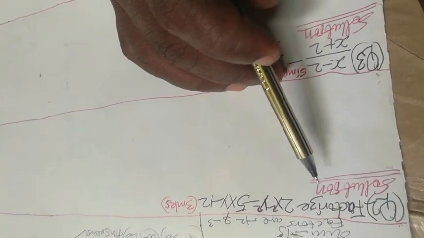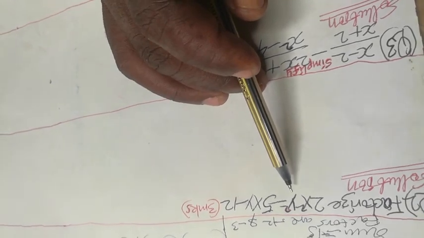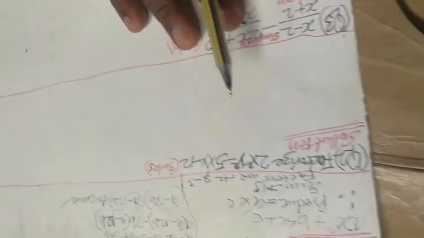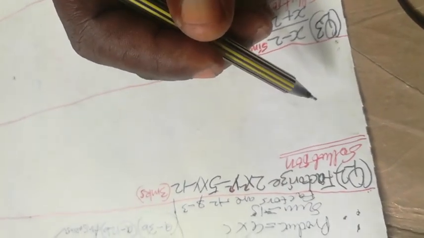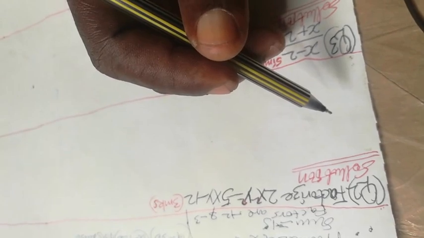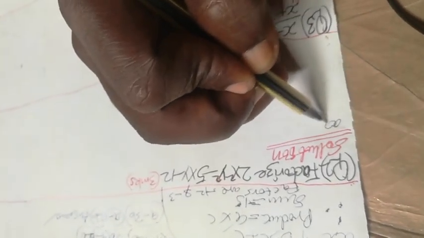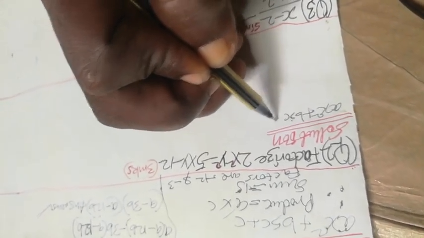Now we are in question number 2. Question number 2: factorize 2x squared y squared minus 5xy minus 12. Here we say solution. The expression is in the form ax squared plus bx plus c.